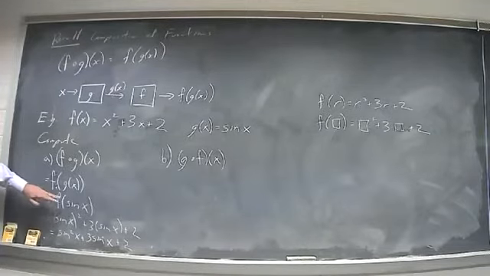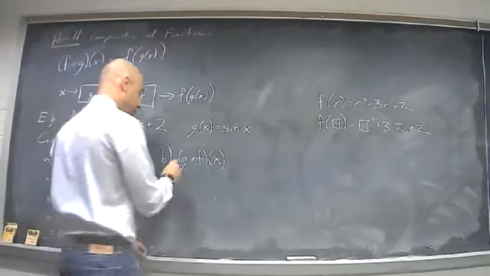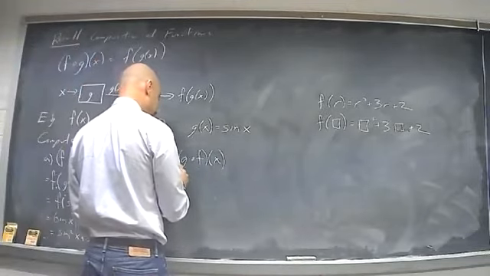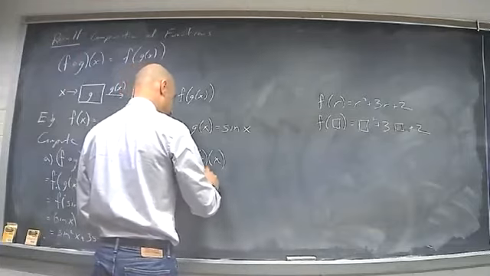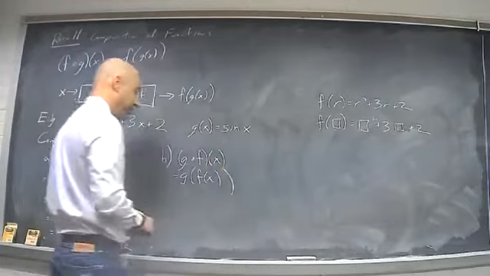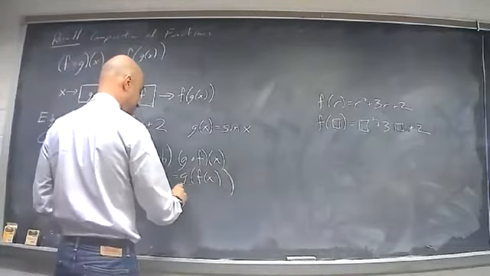So you just replace the inside part by what it really is and the outside part with what it really is. Now let's do g composed with f of x. So g composed with f of x is really g with f of x inside parentheses. And again, I'll replace the inside first. I'll replace f first.